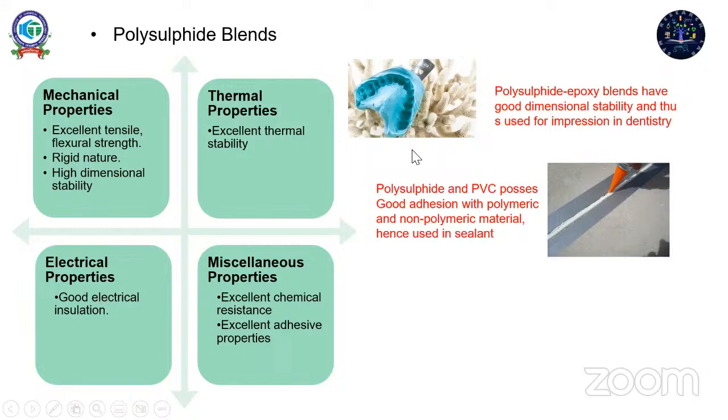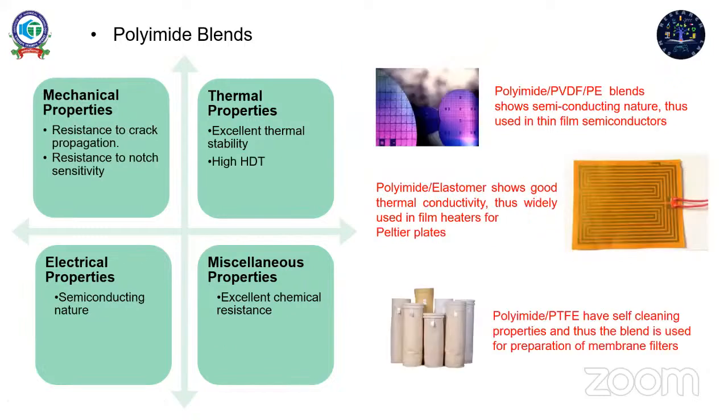Again, polysulfide and PVC possess good adhesion with polymeric and non-polymeric substrates, and therefore they are also used in sealant applications. Then polyimide blends.